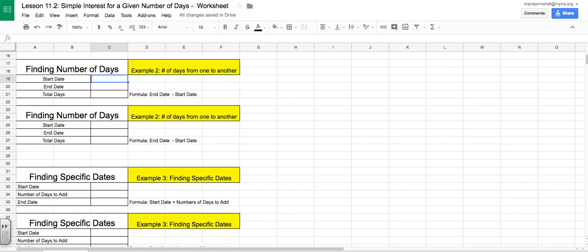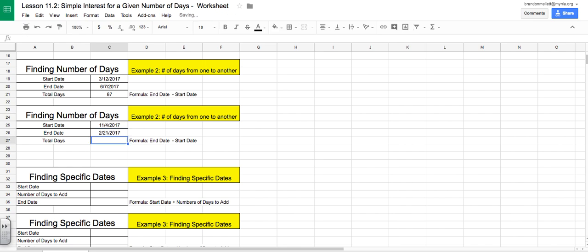We've got March 12th to June 7th. The formula again is equals end date minus start date, which gives 87. Let's look at the second part of example 2. We've got November 4th to February 21st.